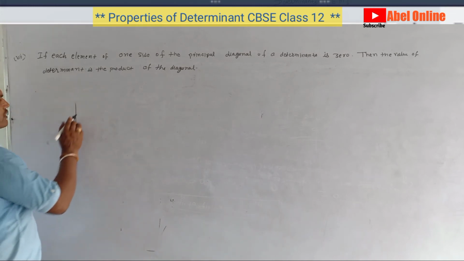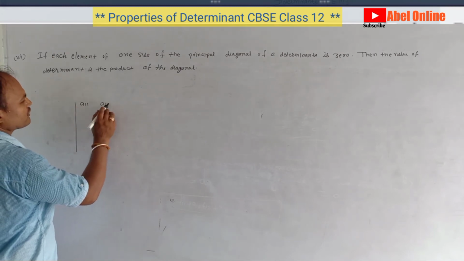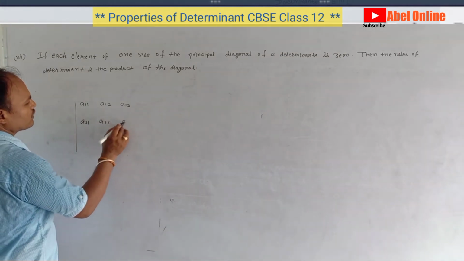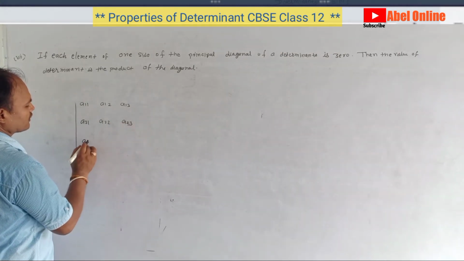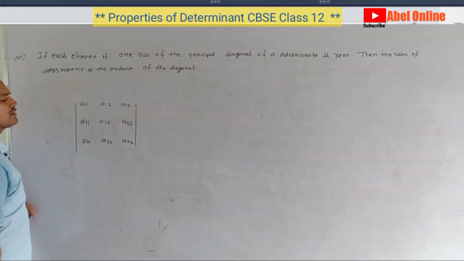Suppose the determinant is A11, A12, A13, A21, A22, A23, A31, A32, A33.